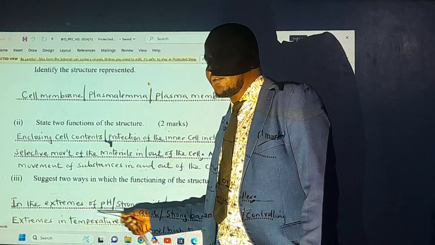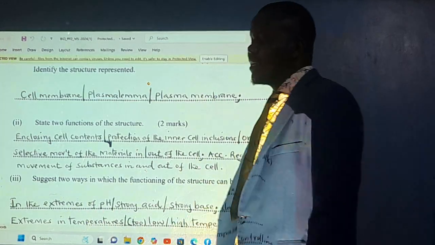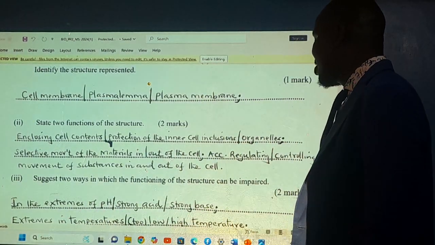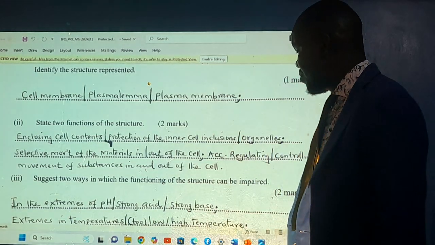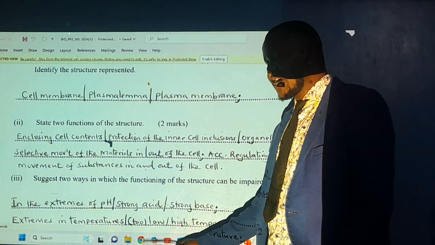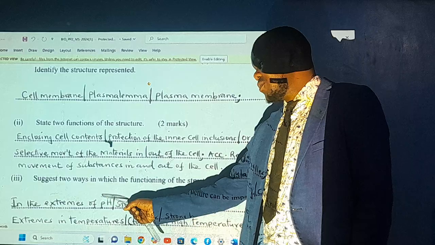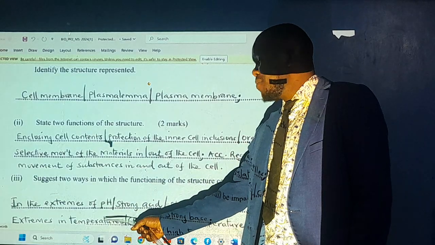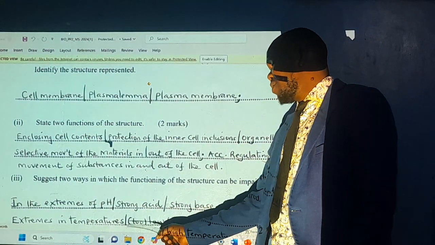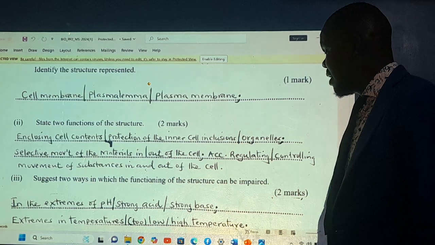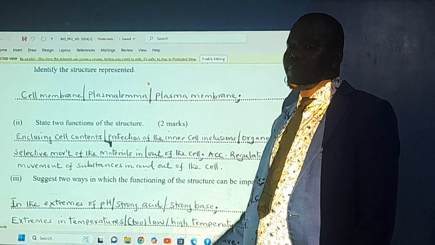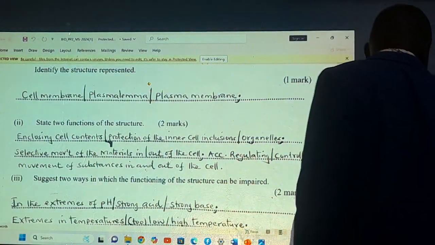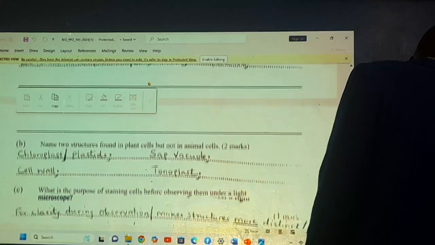Extreme pH will lower the semi-permeability. Then again, extreme temperatures. Because they are proteins, they can be denatured, and affected by pH. Too low temperatures will inactivate the enzymes, and high temperatures will denature the enzymes, and that semi-permeability will be lost.